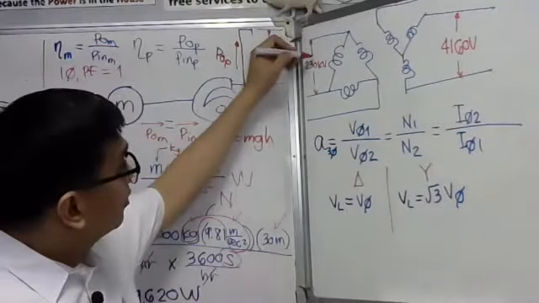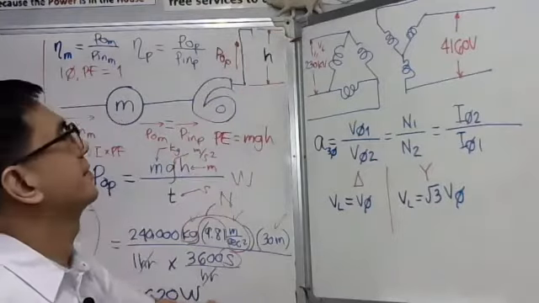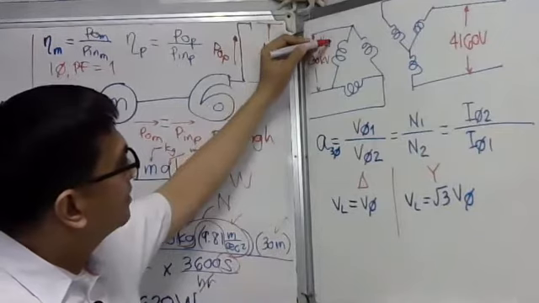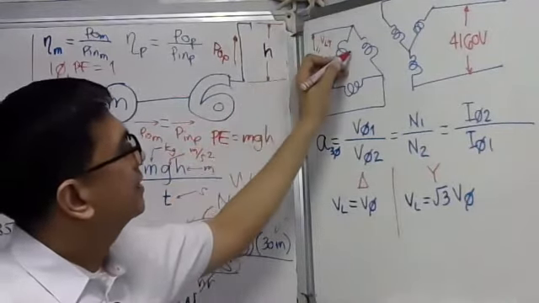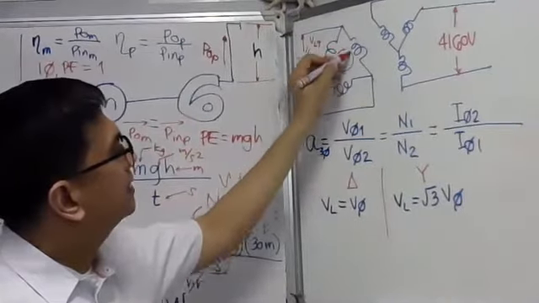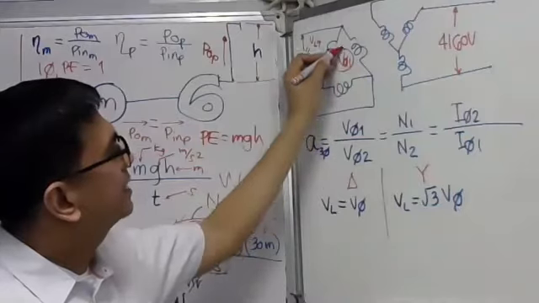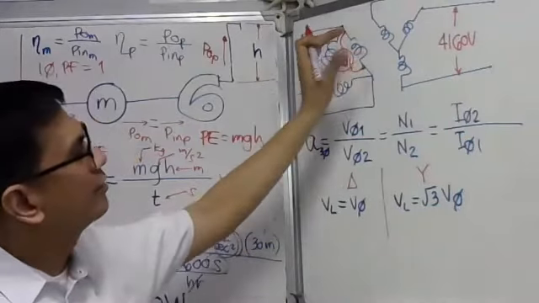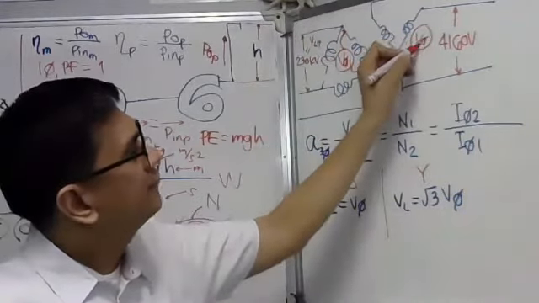Remember, this 230 kV is a line-to-line voltage. That is our VL, to be specific, our VL on the primary side. If I have a voltmeter here, this is the V phase on the primary side, the voltage in the coil. This is your V phase secondary.